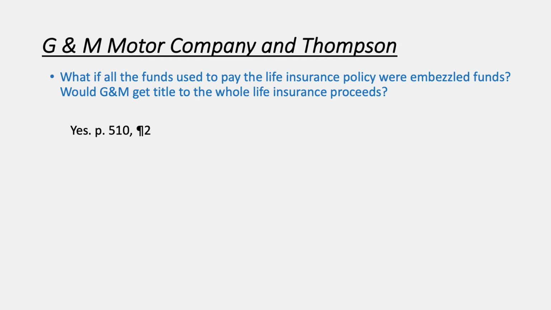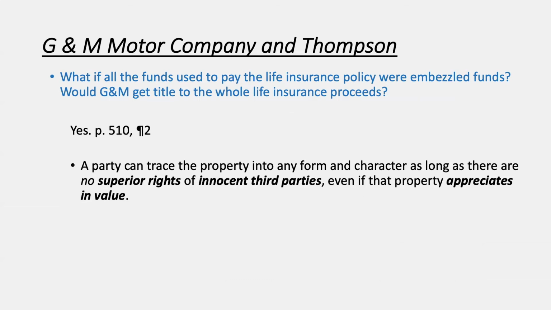But if it was a case where all the money used to pay the life insurance proceeds was embezzled funds, well, a party, if they can trace that property, the embezzled funds, into the final form and character, as long as there are no superior rights of innocent third parties, even if the property appreciates in value, G&M will be able to take title to that property.